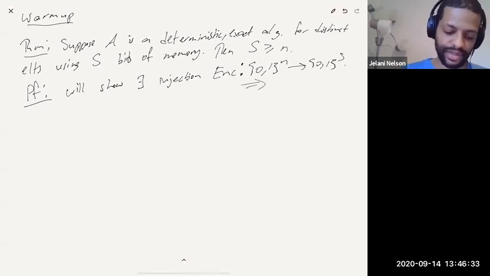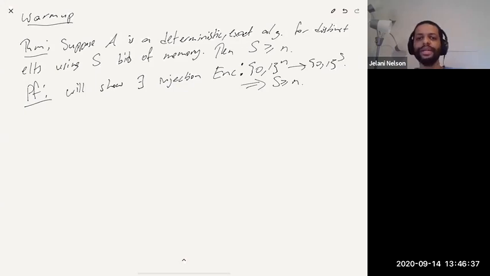And this, of course, if it's an injection, implies that S is at least n. Okay. So ENC is just a function. I don't really care that any of this is algorithmic, right? Because at the end of the day, I'm just trying to prove this lower bound against the memory. It doesn't matter that the injection is efficiently computable or anything like that. Here it will be, but in general, that's not required to make the proof go through. So let me tell you how this encoding works.